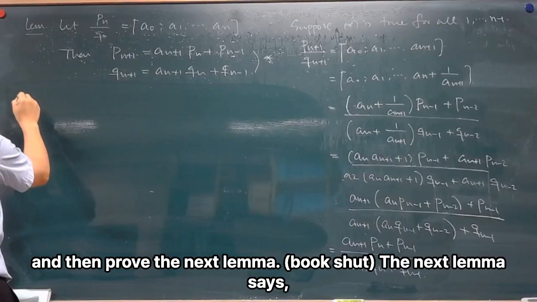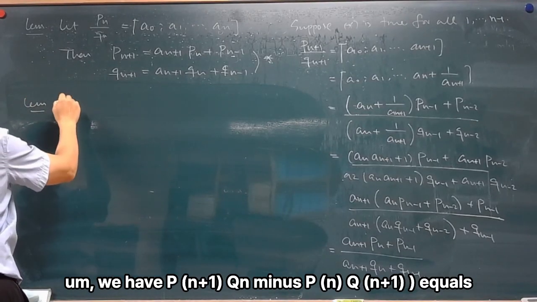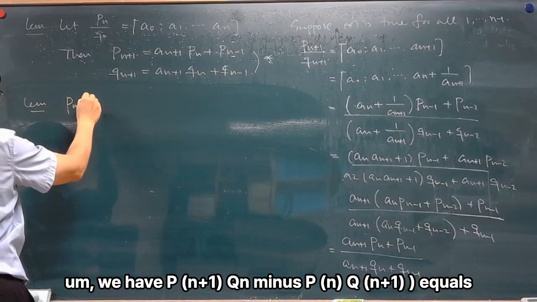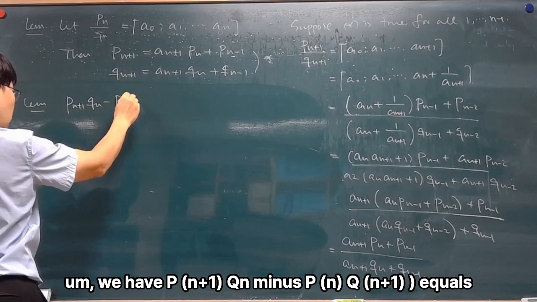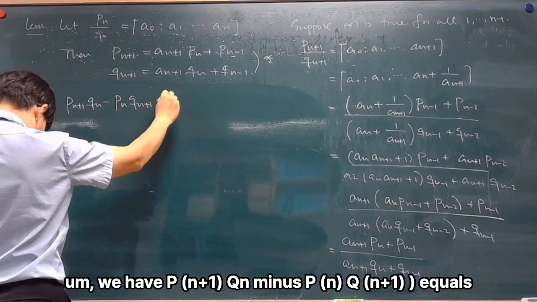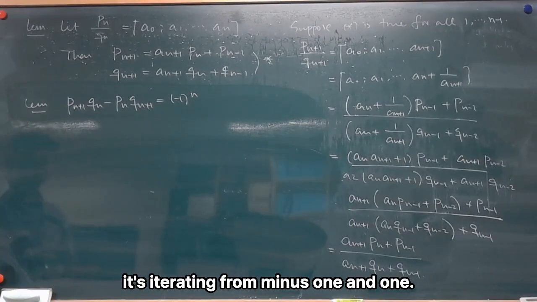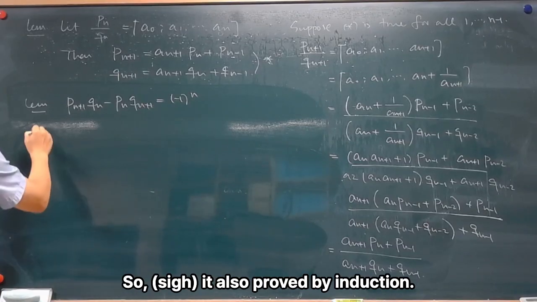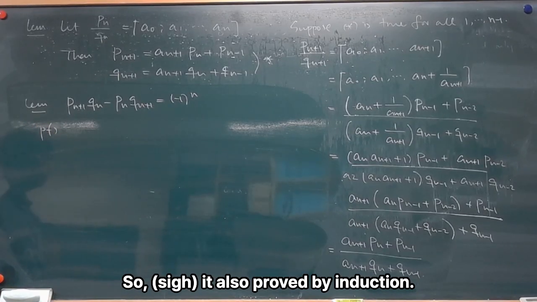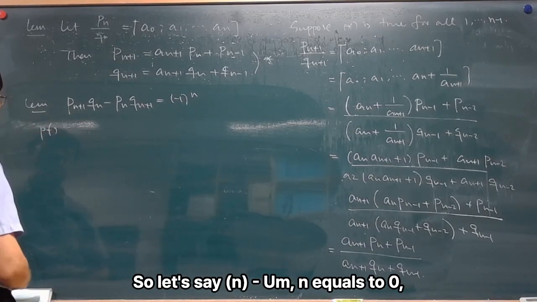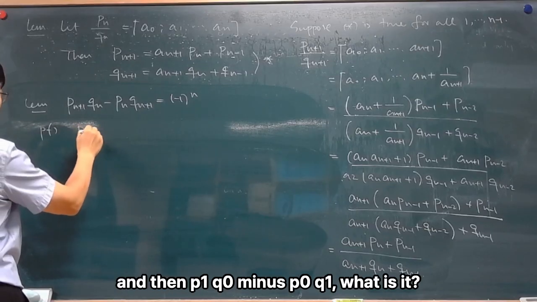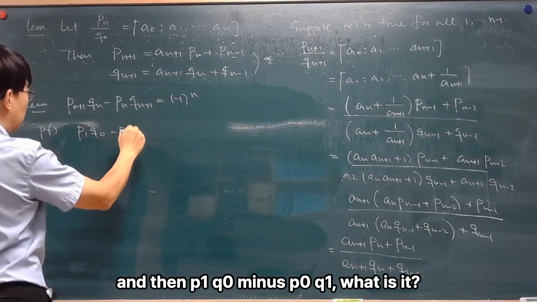The next lemma says we have Pn plus 1 Qn minus Pn Qn plus 1 equals minus 1 to the power of n. So it's alternating between minus 1 and 1. So it is also proved by induction. So let's say n equals 0, and then P1 Q0 minus P0 Q1.